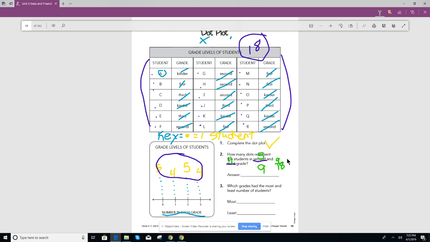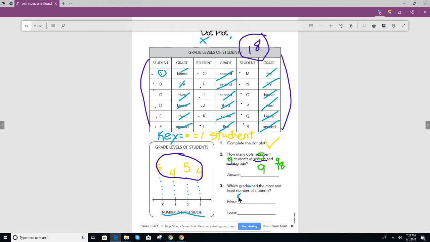Let's look at number 3. Which grade had the most? There's a clue word here. Do you see this S? That means we're talking about more than one grade. They're not asking for a number, they're asking for a grade. So which grades had the most? Well, kindergarten had 5 and second grade had 5.